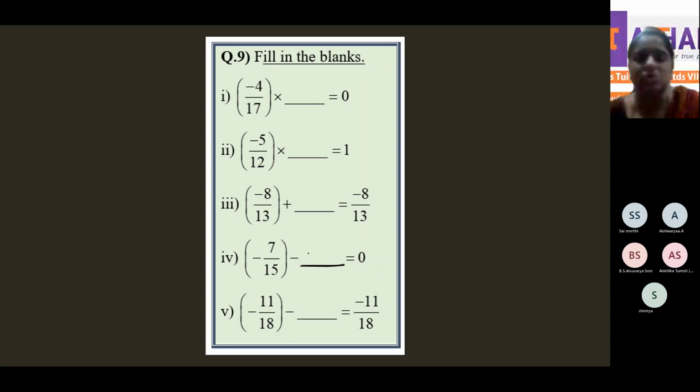There is nothing like you should not use a bracket in the blank. There is no restriction. You can use a bracket there. So even Sai Smriti, you said the same thing. In brackets, minus 7 by 15. Because minus into minus is plus, so it will be minus 7 by 15 plus 7 by 15, 0.